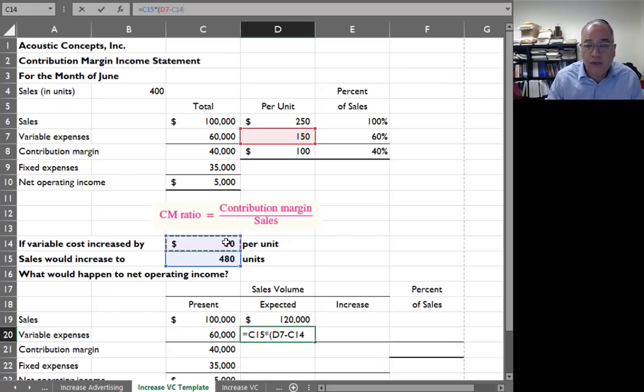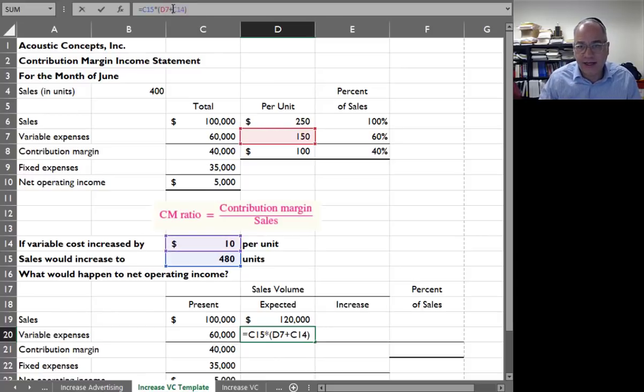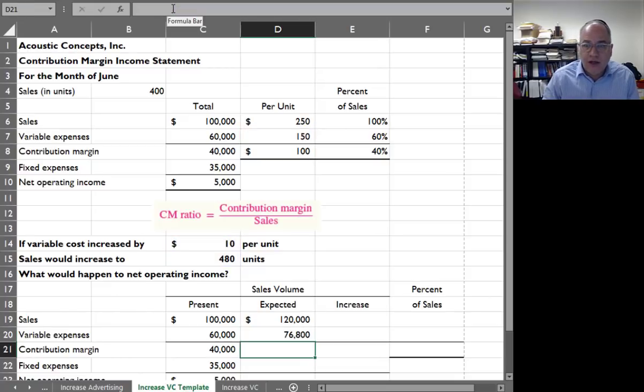So really, variable cost per unit would be $140 a unit times 480, or $67,200. And I subtracted the variable cost instead of adding it. The variable cost would be $160 per unit, not $140. So that'd be $76,800. Contribution margin would then be $43,200.